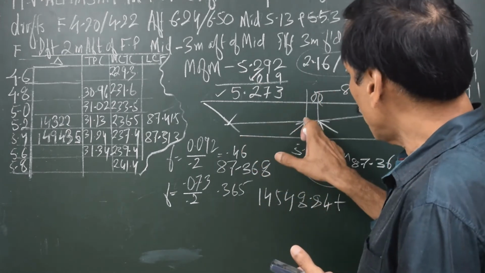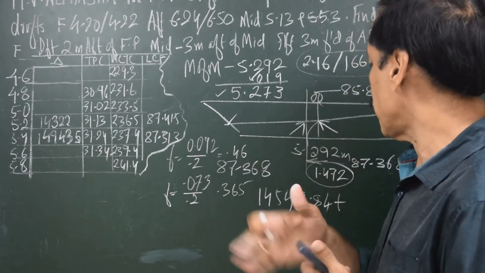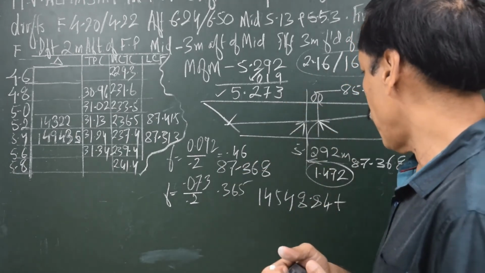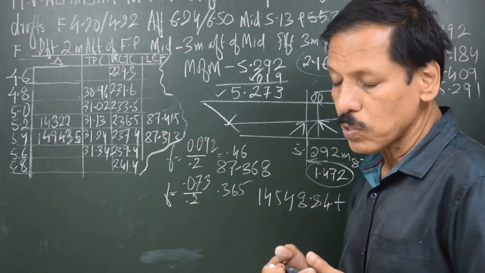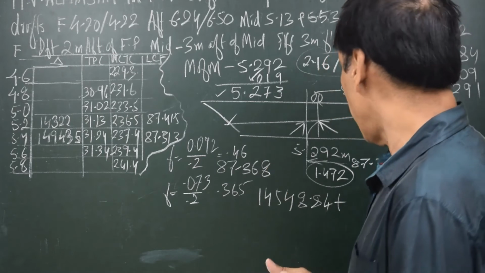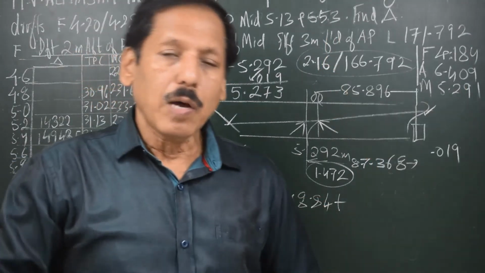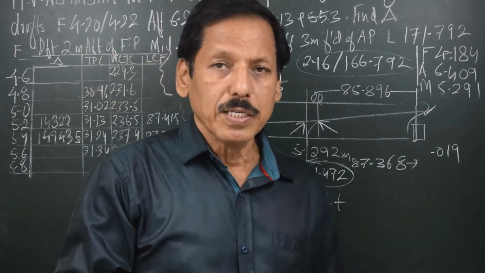I wanted to know what is the draft at center of flotation, and for that draft, when I read the displacement, it came out to be 14548.84 tons. So first trim correction has already been applied, and thereby I get the displacement which is written over here. Now let us apply the second trim correction.